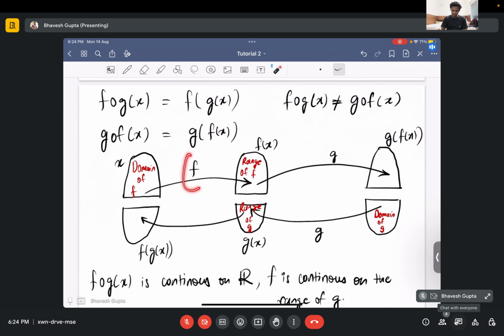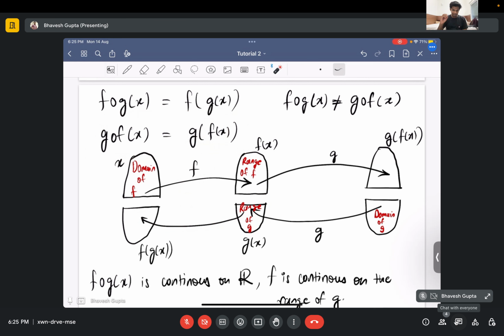And this particular function will take you from this set to this set. And if you see very carefully over here, this is an inverse process. You can say it's like a reverse direction. Okay, over here we see that the range of f function becomes a domain for the g function, which I have explained in the first.